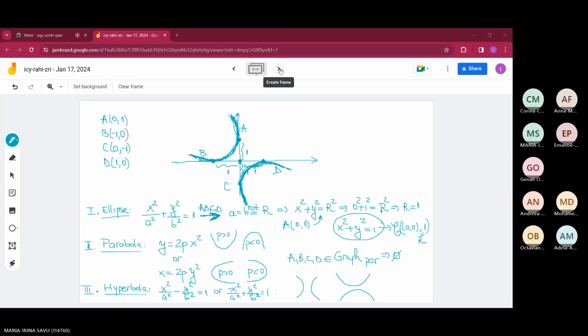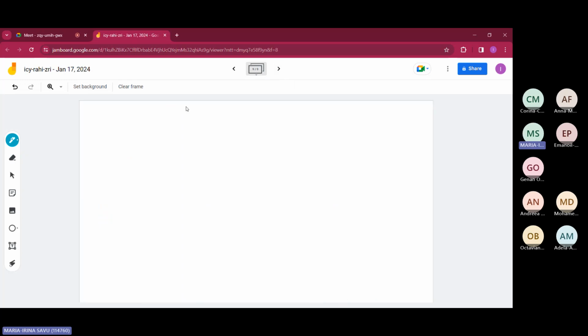Actually, we have to take the general equation of a conic, which is a11 x squared plus 2a12 xy plus a22 y squared plus 2a10 x plus 2a20 y plus a00 equal to 0.